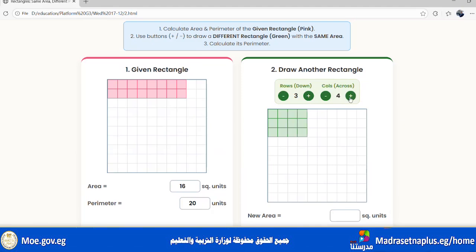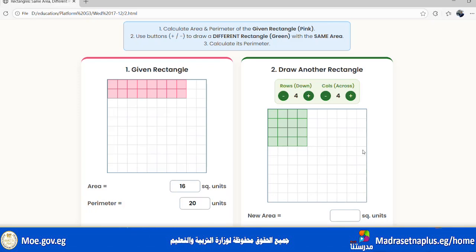Now let's make it 1, 2, 3, 4, 5 and 3. 5 times 3, it will be what? 15. I need 16. Let's draw 4 by 4. Yes, 4 by 4 equals 16. Yes, now we have a square, 4 by 4. We can also draw 1 times 16.